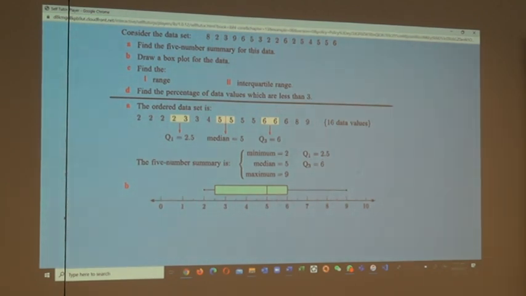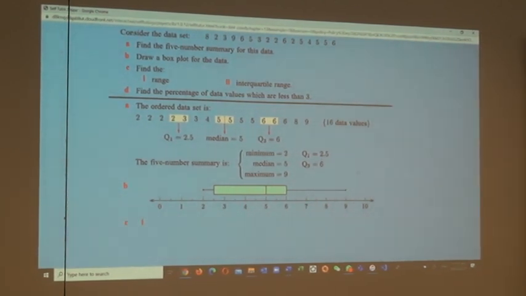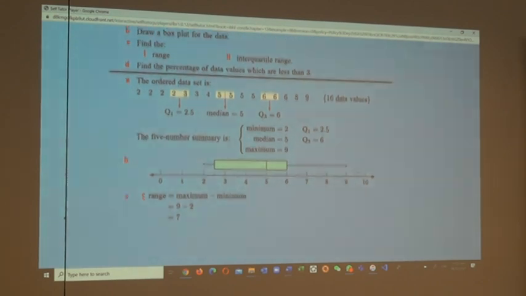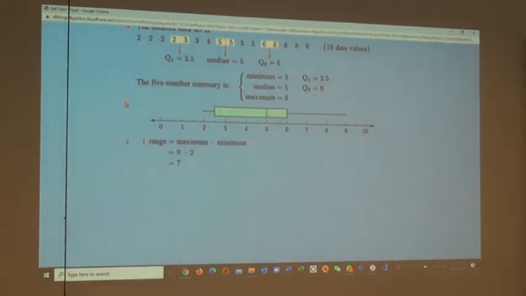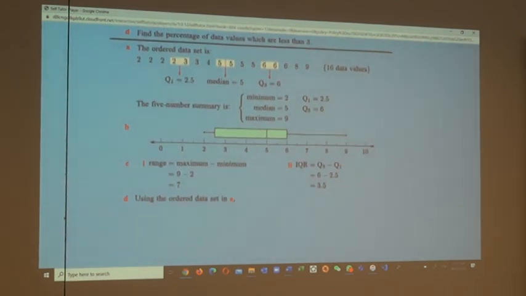In Part C, the range is the difference between the maximum and minimum values, which is 7. The box from the lower quartile to the upper quartile represents the middle half of the data set, which is the interquartile range. The interquartile range is the upper quartile minus the lower quartile, which is 3.5. In Part D, we use the ordered data set to identify the values less than 3. We see that 4 out of 16 data values are less than 3. This is 25% of the data values.